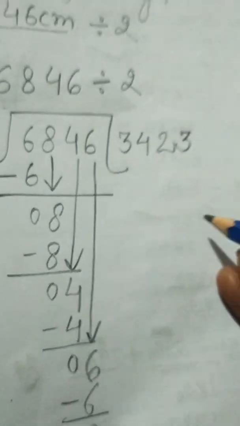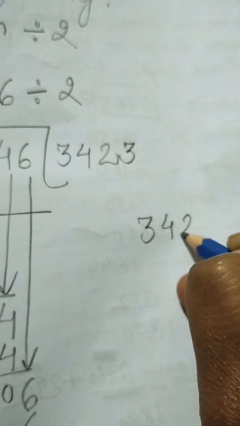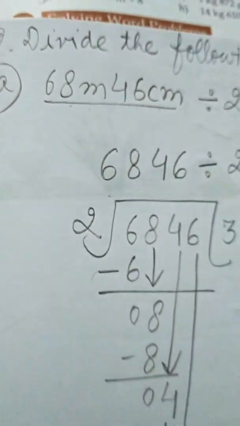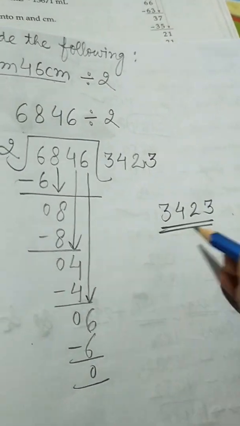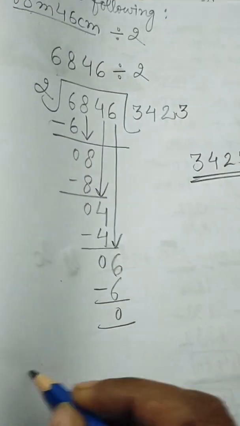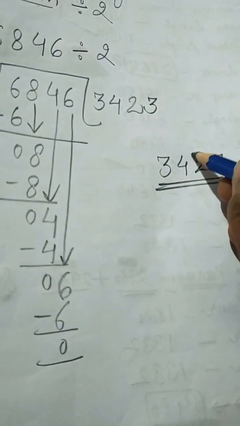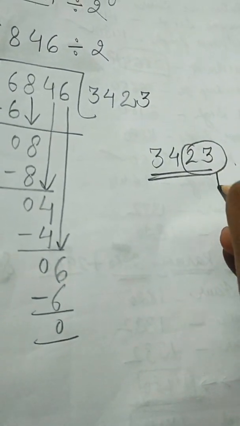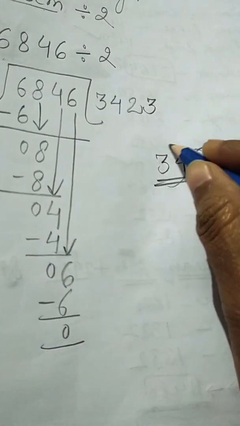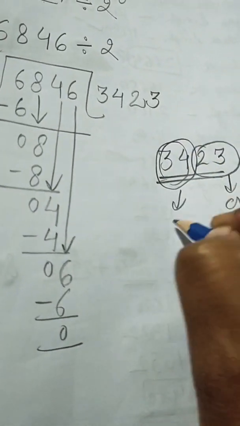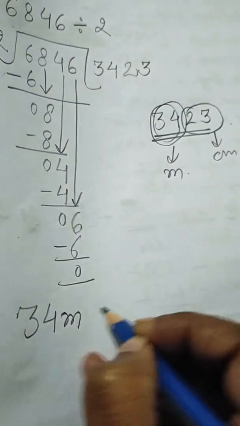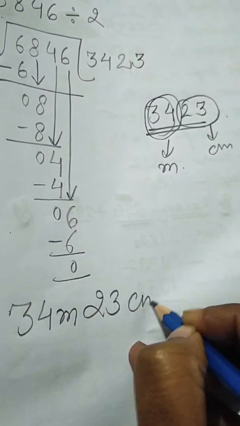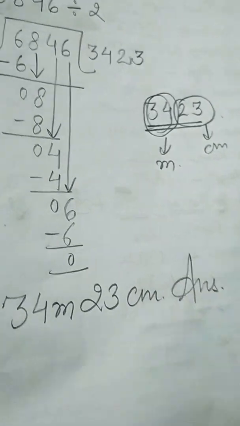So here we got 3423, but our sum was in meters and centimeters, so our answer will also be in meters and centimeters. So what we will write here as the answer: the last 2 digits will be centimeters, and the digits left will be the meters. So here we will write 34 meter 23 centimeter as the answer.